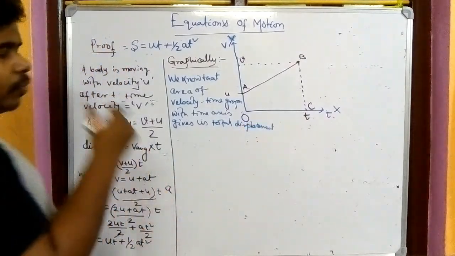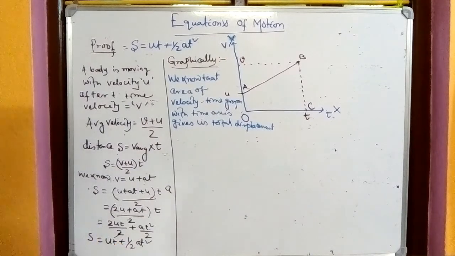So if I want to find the total displacement, then that should be the area of the velocity time graph. Now how can we find the area?